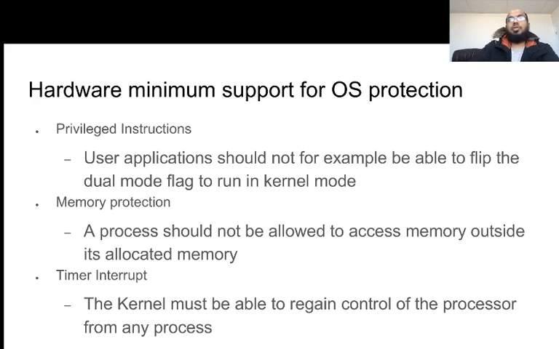Why is this a protection? Because you might end up with a situation where one of the programs is going into an infinite loop. It's never stopping. So the kernel must be able to force this program to stop, to give processor time to other programs.